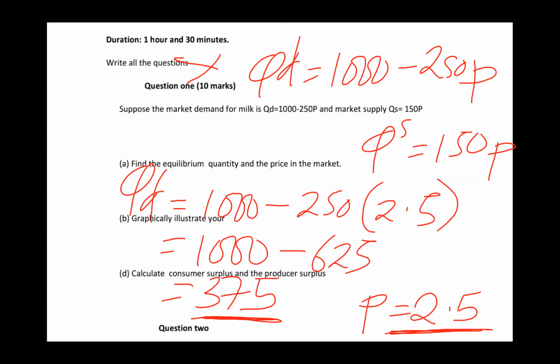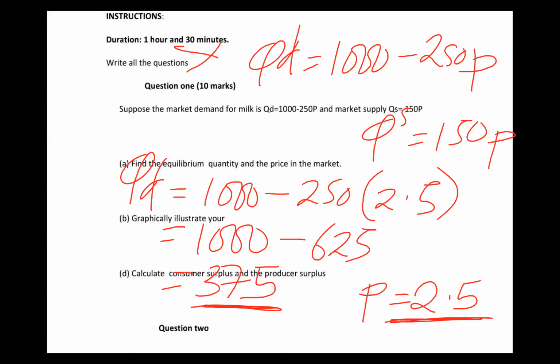Is there any question? You can always ask your questions. So what are we solving for? This 375 is the quantity demanded, and the question asks for the equilibrium quantity.